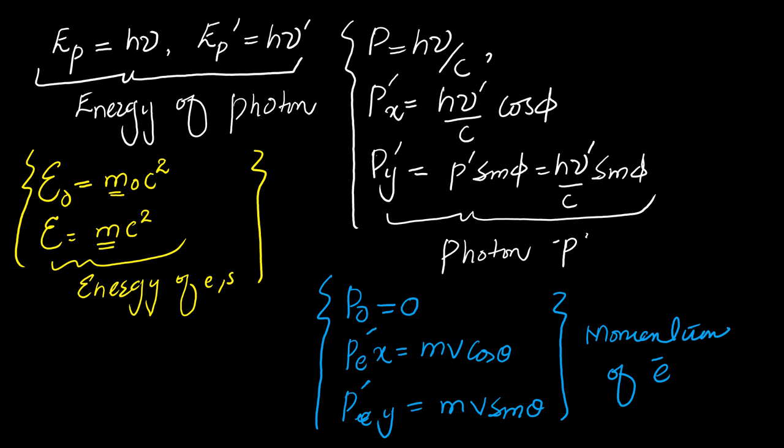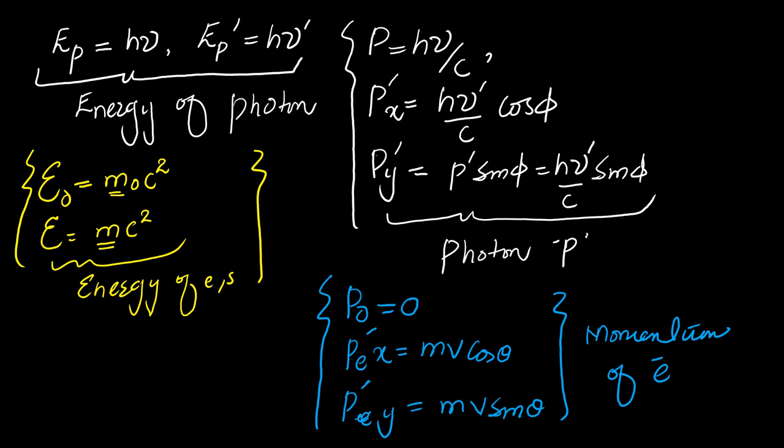Then the electrons will be deflected, and the photons are also scattered or deflected, but the initial energy and momentum of the photons will be equal to the energy and momentum of the scattered photon and the electron. So basically in the Compton effect, there will be an elastic collision.